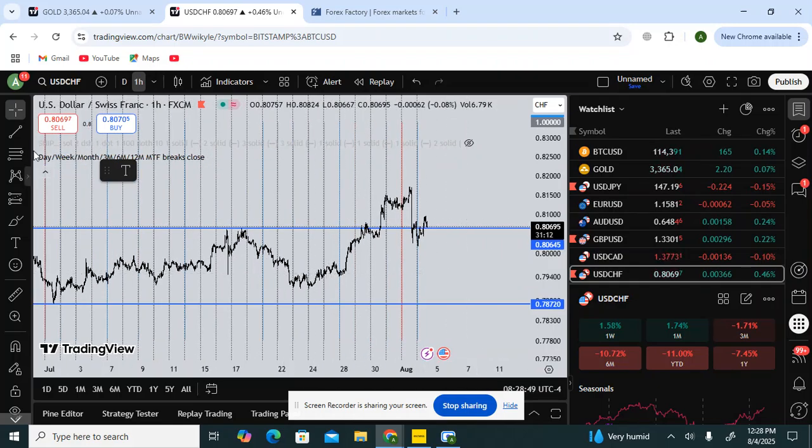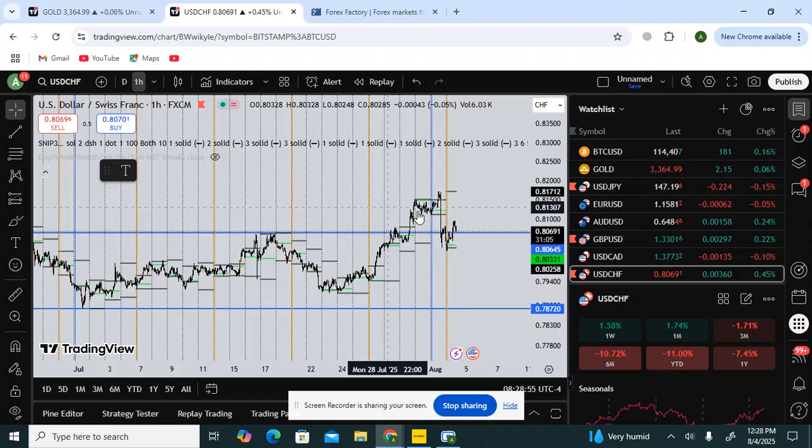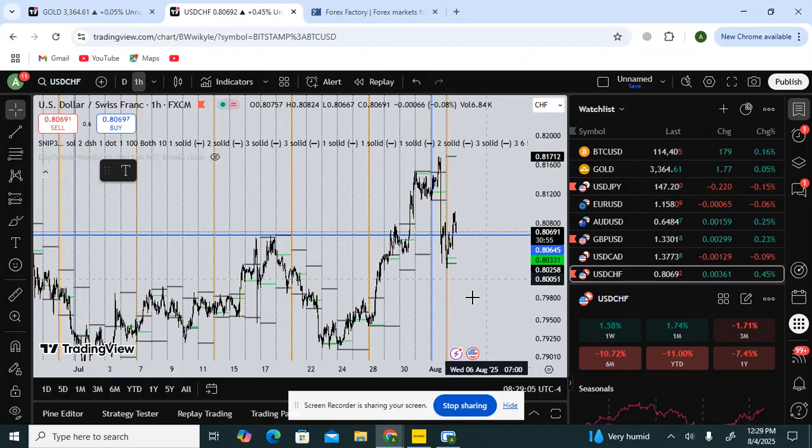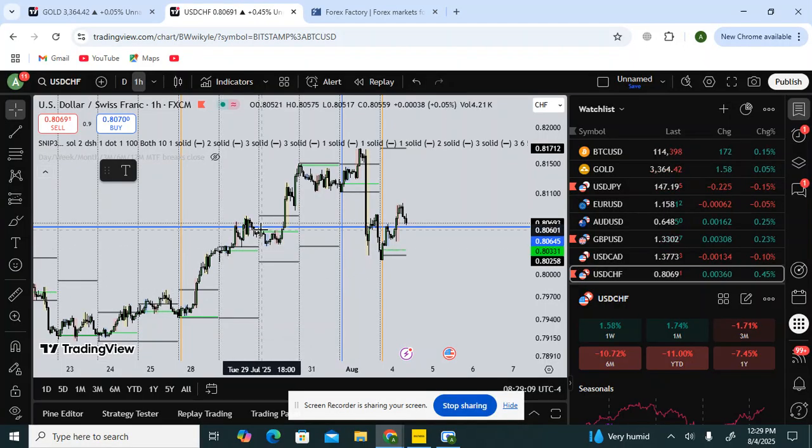You can see in the previous week it closed higher, closed higher again, closed higher, closed higher, closed higher, and gave an inside day, which is also a signal day.